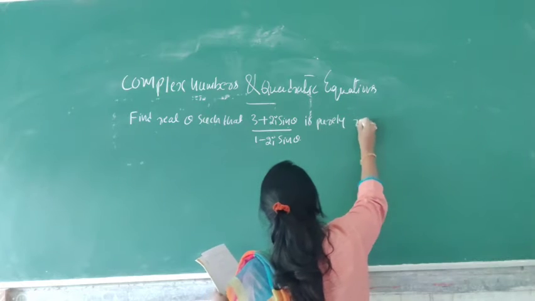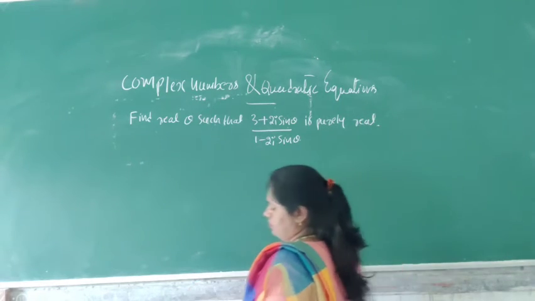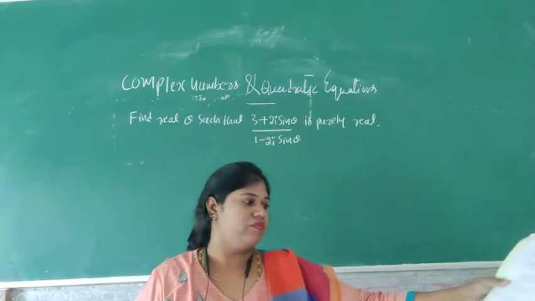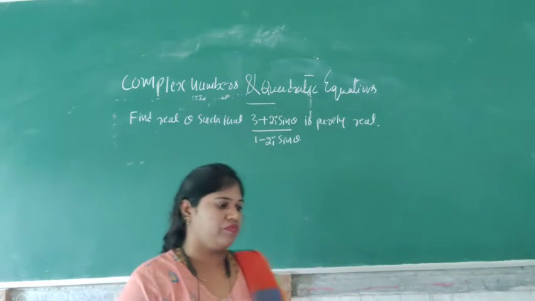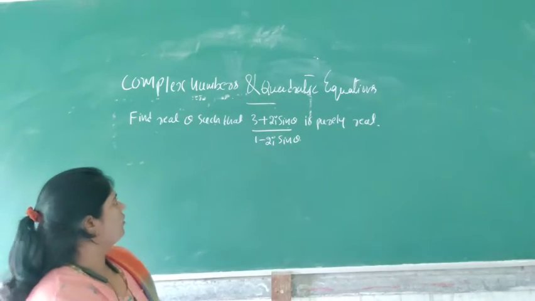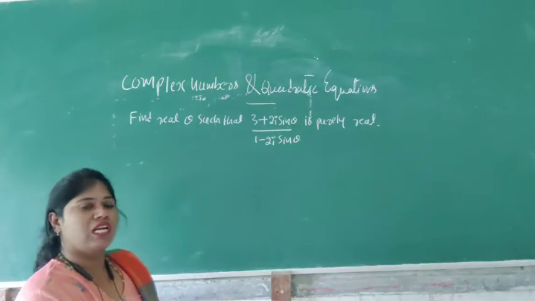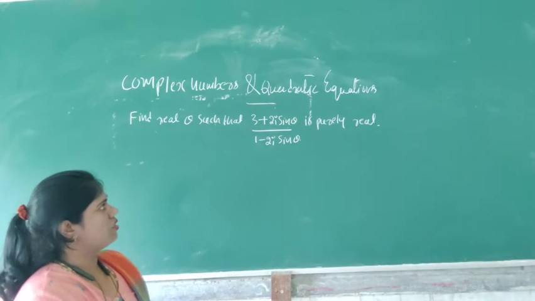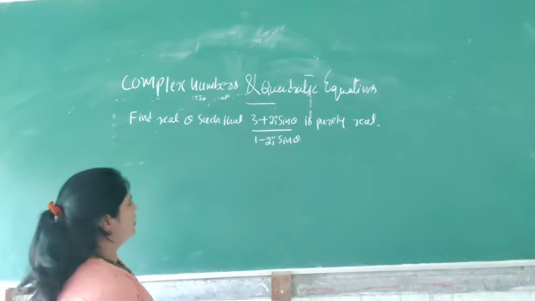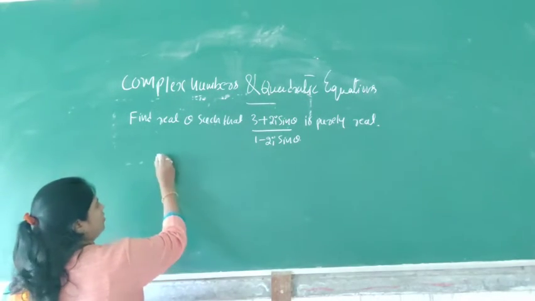So we need to simplify this one. Okay. So what we have to do? We have to find out real theta such that 3 plus 2i sin theta divided by 1 minus 2i sin theta is purely real. So we have to rationalize, okay?